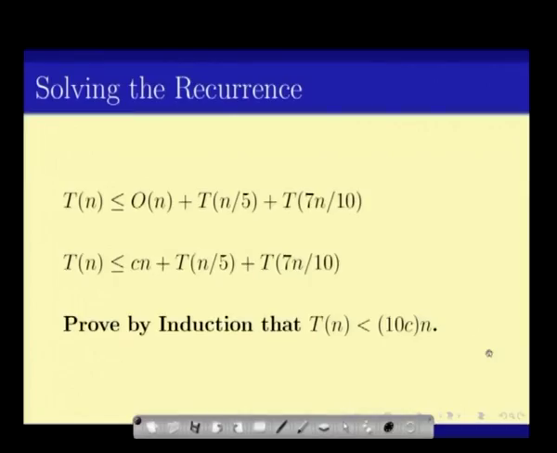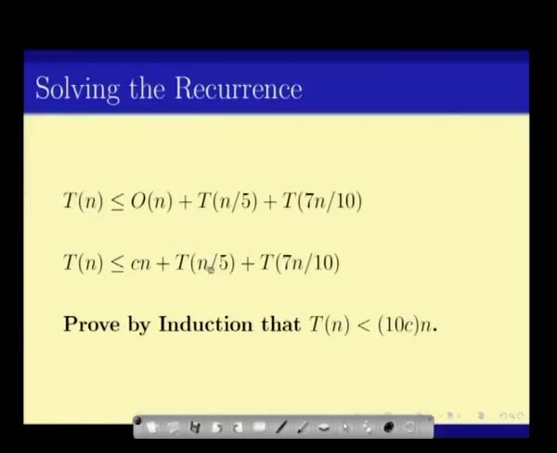So, this would imply that T of n is order n. An important thing is: why does this recurrence end up being order n? It is because if you sum n over 5 plus 7n over 10, that is less than n.